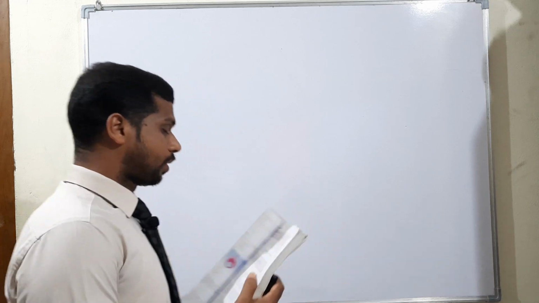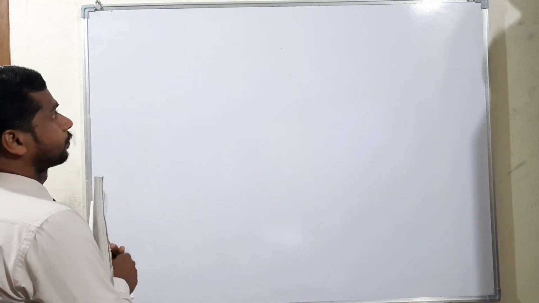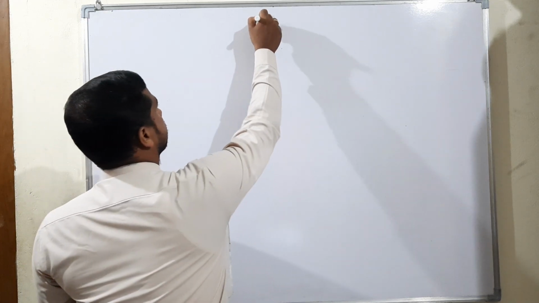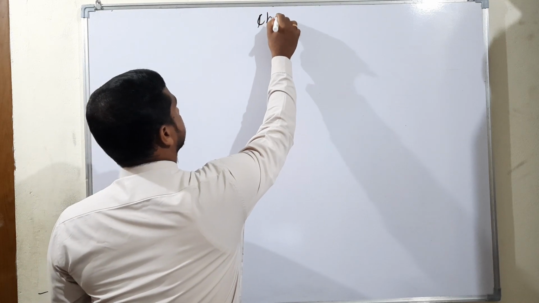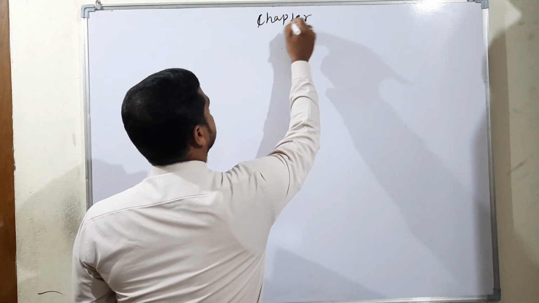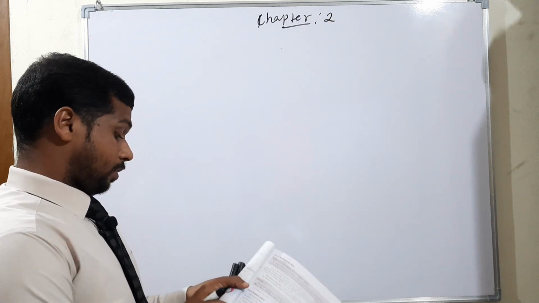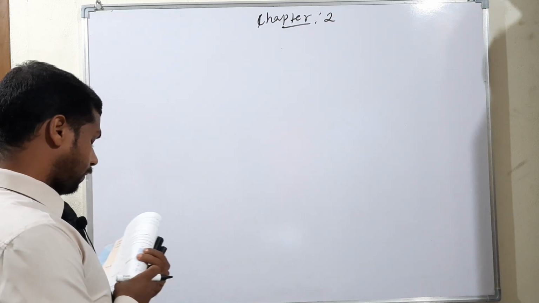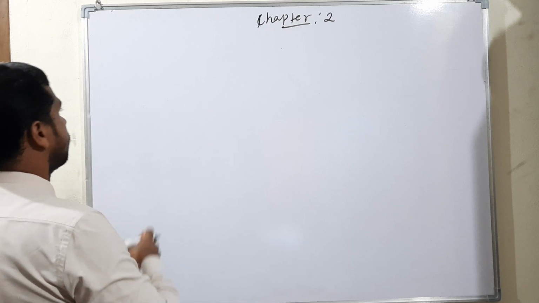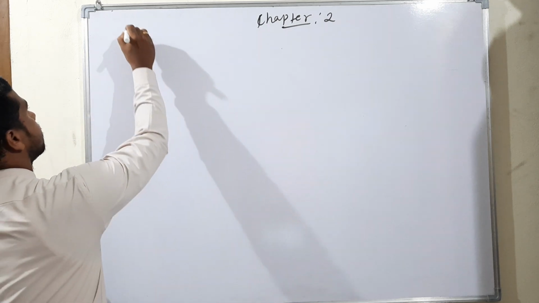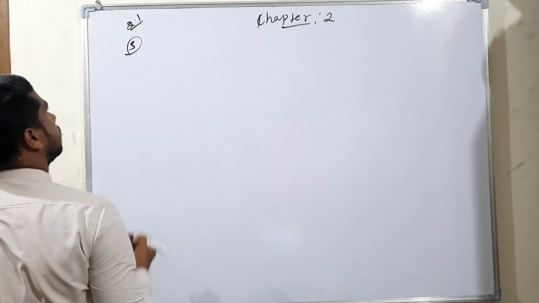Question number 3, chapter 2. What is the name of chapter 2? Complex Numbers. The answer you will get is 0. Exercise 2.1, question number 3.